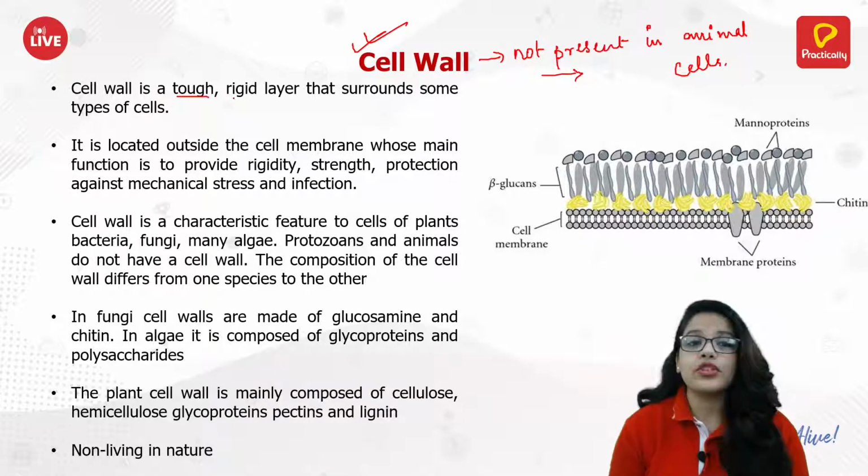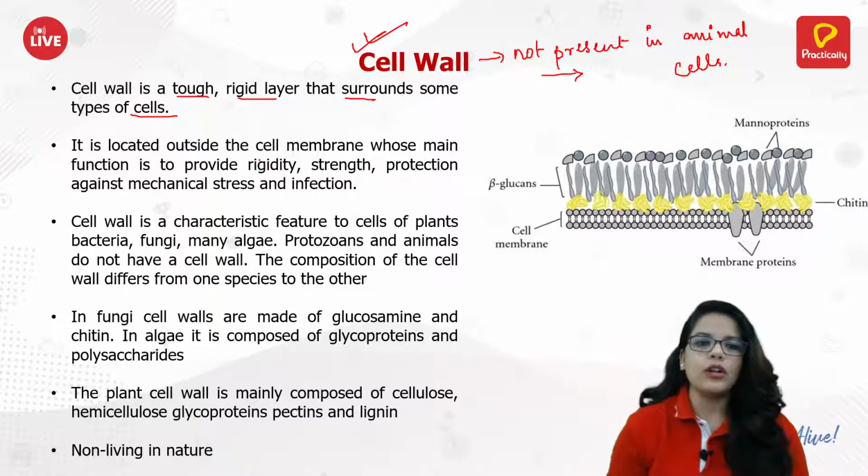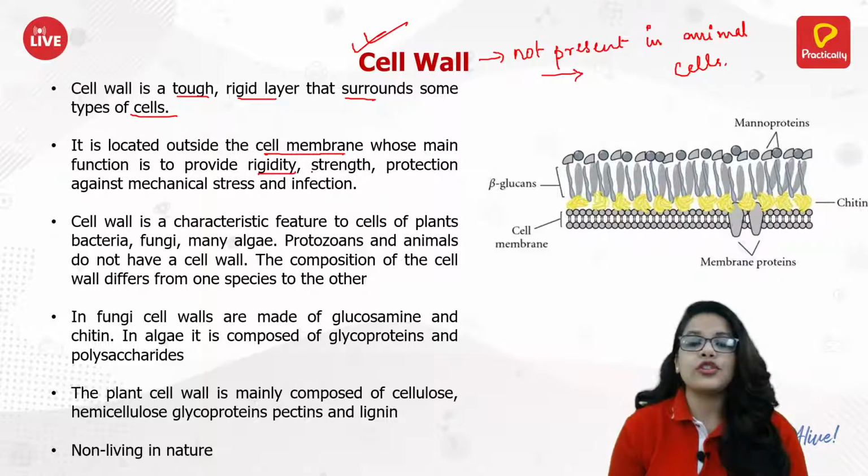It is a tough, rigid layer that surrounds some of the cells, located right outside the cell membrane. Animal cells directly have the cell membrane, they don't have the cell wall. But in plant cells you can find the cell wall, and its function is to provide rigidity, strength, and protection from mechanical stress and infection.